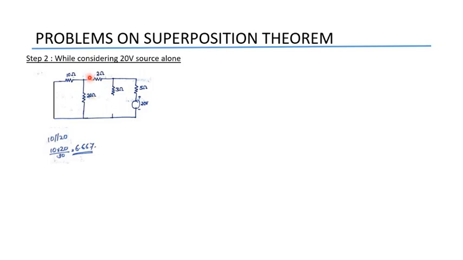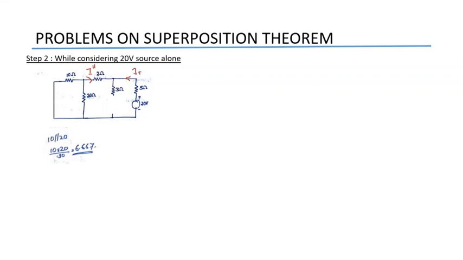In order to find that, we have to find out the total current Is double dash. Our aim is to find out this current I double dash. In order to find out I double dash, it is necessary to find current taken from the source, which is Is double dash.